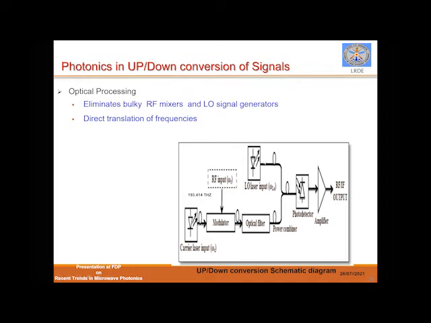So by varying the selection of these laser frequencies, we can make the signal up convert or down convert. I'm not specifically giving the values of all these things. We have published many of our activities, so it is available also. Depending upon our requirement, you may have to select these laser wavelengths for up conversion and down conversion.